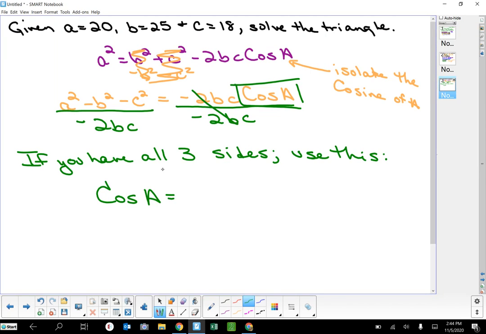Cosine of A equals A squared minus B squared minus C squared over negative 2BC. What we're going to do, plug all those things in, and then we'll do inverse cosine and find out what the actual angle is. So you're going to use this if you want to find angle A.